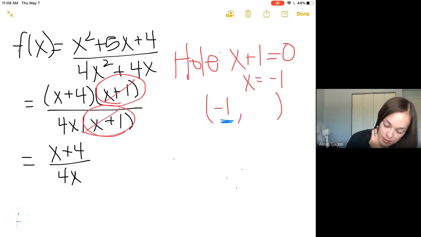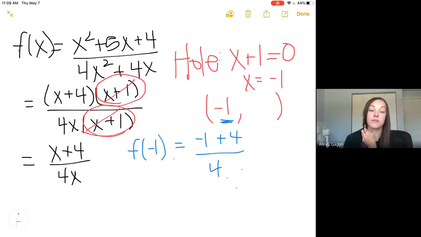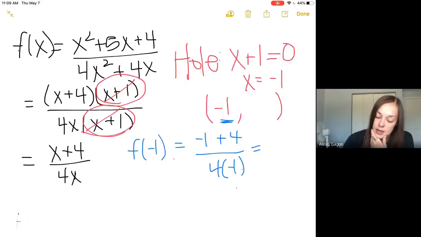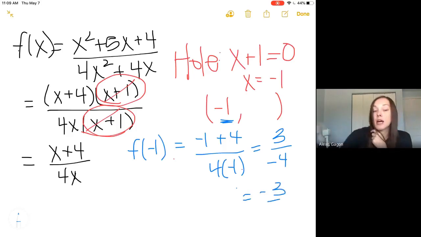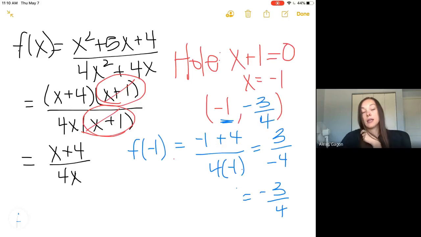So this is going to be f of -1 equals -1 plus 4 over 4 times -1. And a lot of times the y value is some sort of fraction. So -1 plus 4 is 3. 4 times -1 is -4. So this is -3/4. You can just pull that negative clear out to the front. So we have a hole at -1, -3/4.